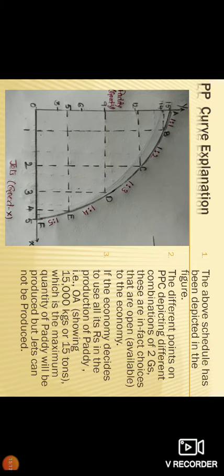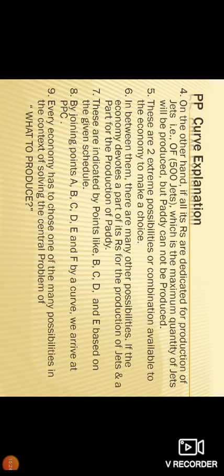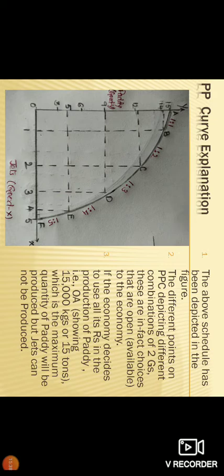So this is the maximum quantity. When you produce the maximum quantity of paddy, the production of jets is not happening. Therefore, jets cannot be produced. On the other hand, if all the resources are dedicated to the production of jets, that is OF, which is 500 jets, the maximum quantity of jets.